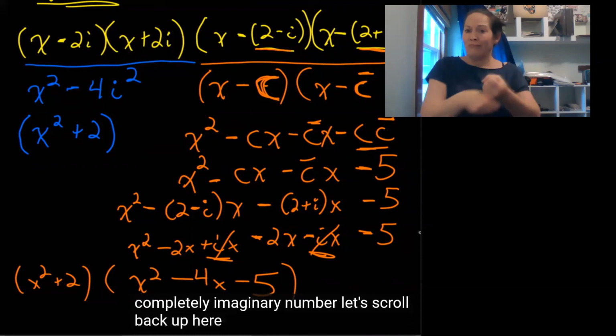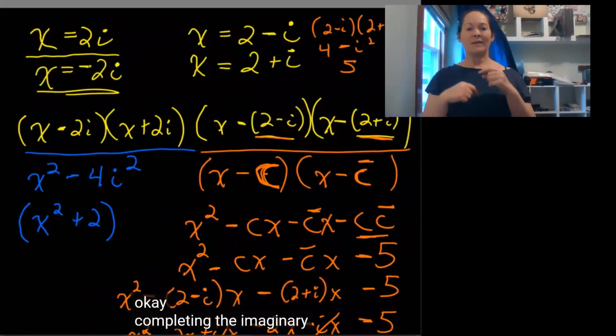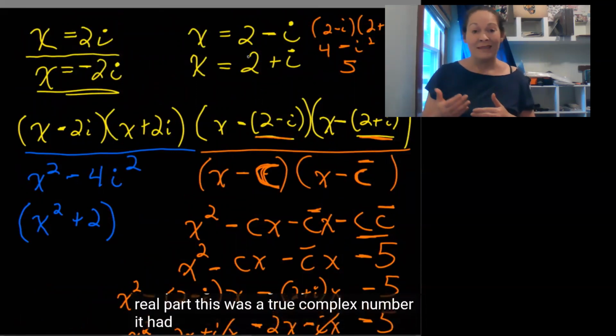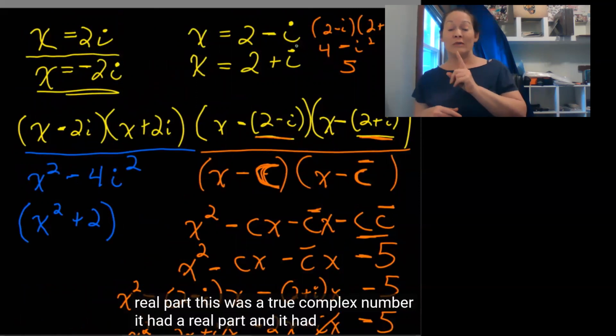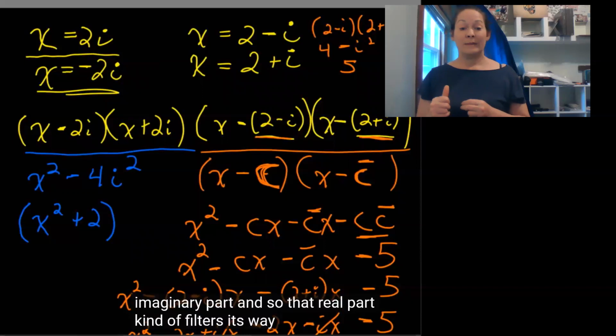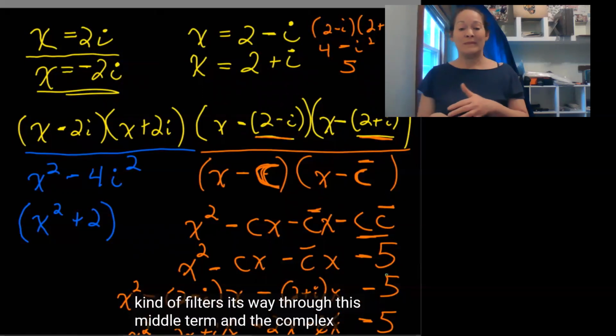Right, let's scroll back up here and find my scroll bar. There we go. Completely imaginary number. It had no real part. This was a true complex number. It had a real part and it had an imaginary part. And so that real part filters its way through this middle term and the complex conjugate.